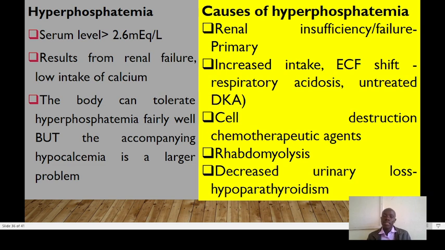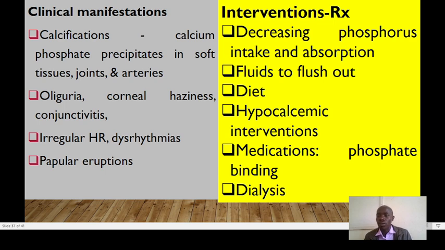In this case, the cell destruction by chemotherapeutics, the breakdown of the muscles, and the decreased renal loss could cause hyperphosphatemia. So we could have calcification where we have calcium phosphate precipitated in soft tissues, joints, and arteries. Patient could present with oliguria, corneal haziness, and conjunctivitis, along with irregular heart rate, dysrhythmias, and papular eruption.